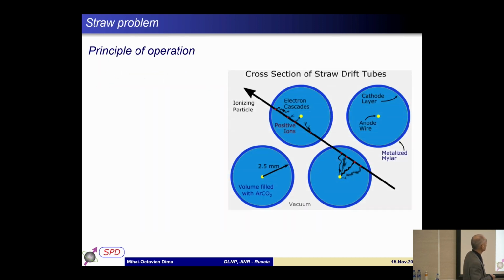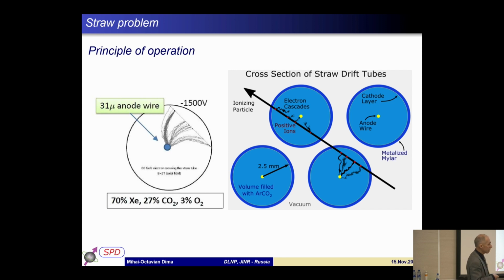Okay, a bit about the straw problem. The straws are not pixel detectors, as I started thinking about doing fast fits. And they give information with the distance of closest approach. You get a signal for all these avalanches here, but the most reliable information is the closest one, this one.